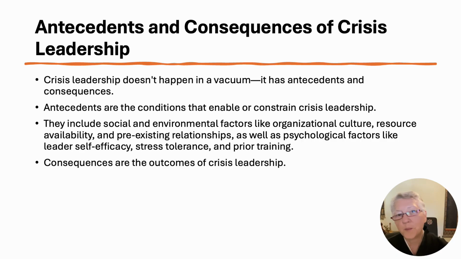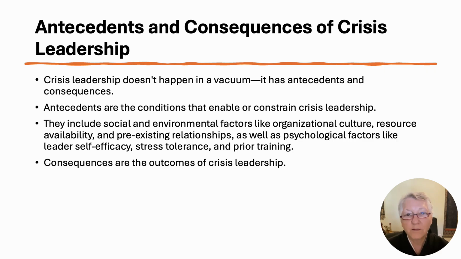Now let's zoom out a little and let's look at the bigger picture. Crisis leadership doesn't happen in a vacuum. It has antecedents and it has consequences. Antecedents are the conditions that enable or constrain crisis leadership.